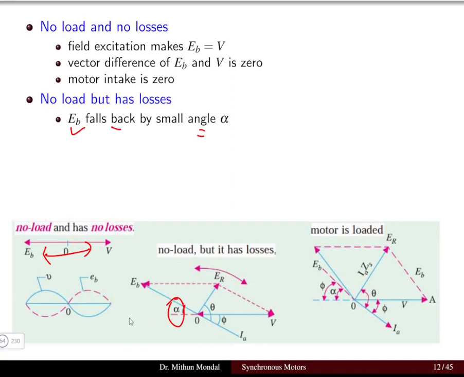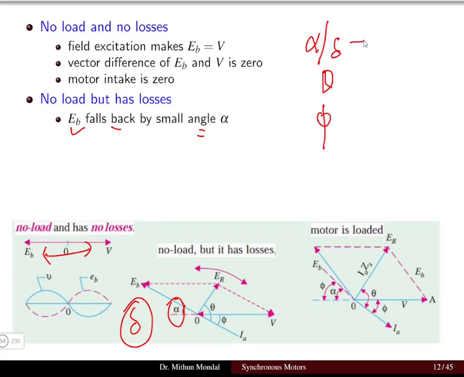Now, in some books we discuss it as delta, which is known as the load angle or the torque angle. Certain angles we have to know: alpha or delta as represented by some books, and there will be theta and there will be phi.